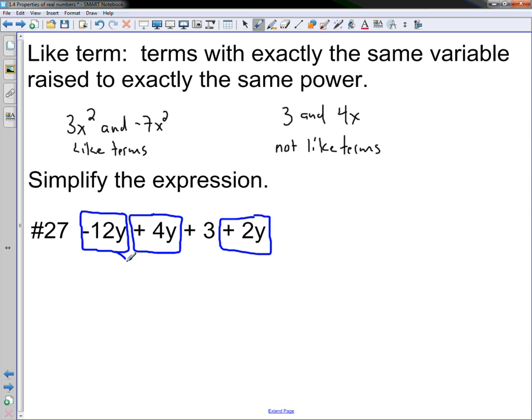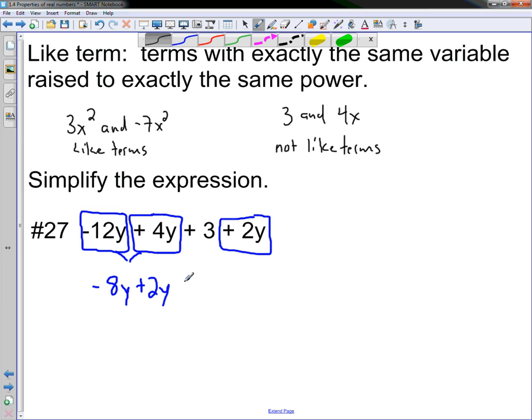So I'm going to go ahead and combine these first while they're opposite signs, so I find the difference. The 12 is further away, so it's negative. Remember when we add or subtract like terms, we keep that variable. I still have the plus 2y and the plus 3.